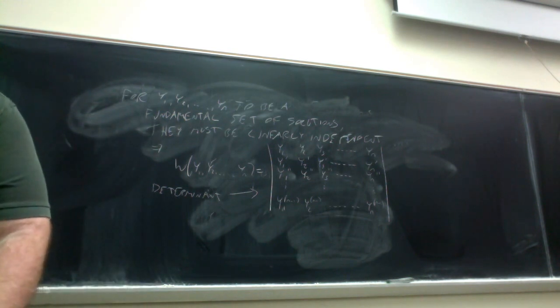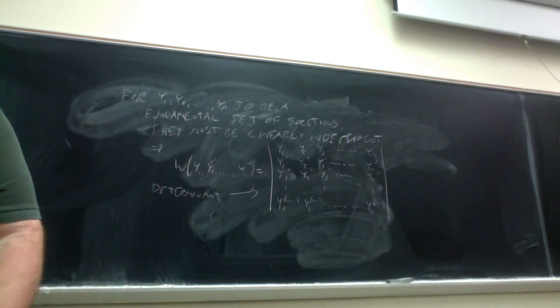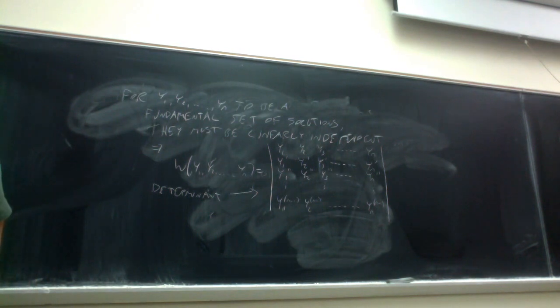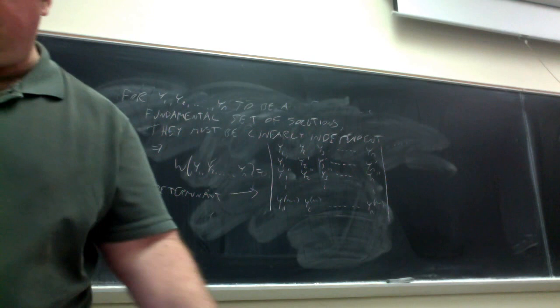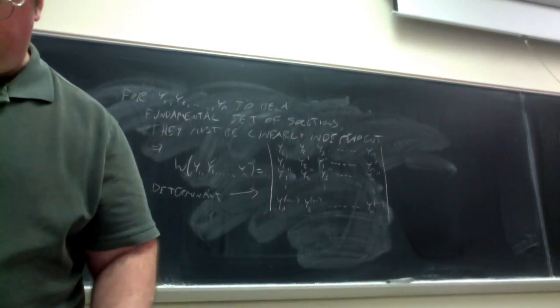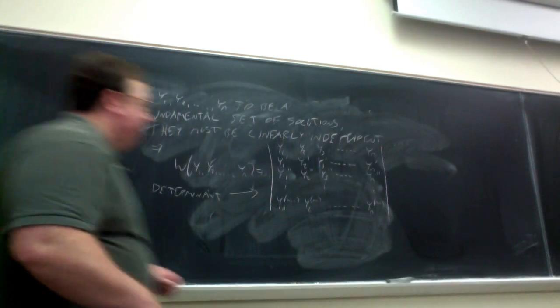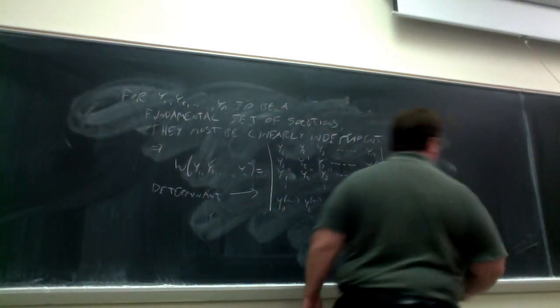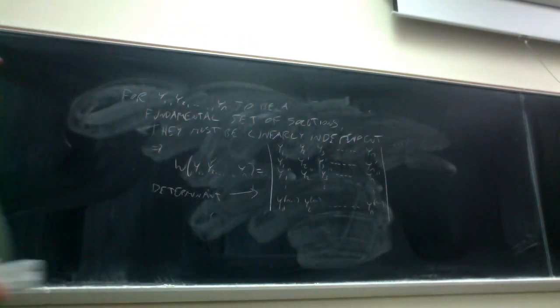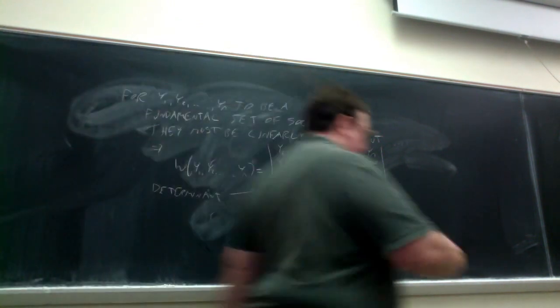Now, I want to point out, well, actually, no, I'll hold off on this until I get to examples. I want to make sure I get through today how do we get, at least for the constant coefficient case, the solutions y1, y2, etc. up to yn in the first place?